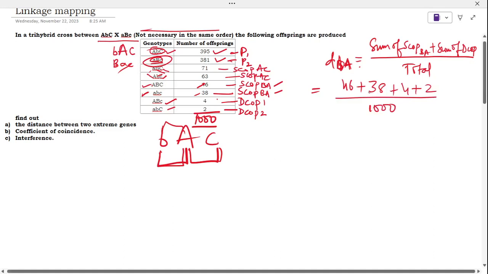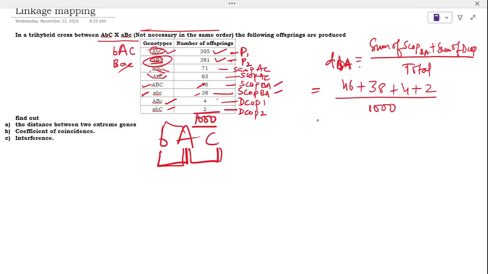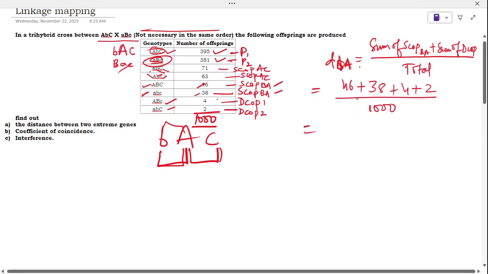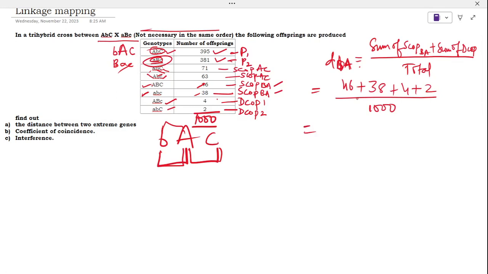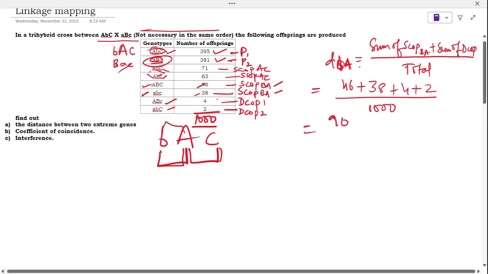46 plus 38 plus 4 plus 2. We're going to calculate the total individual cells: 46 plus 38 plus 4 plus 2 is 90. 90 divided by 1000, and you'll get 0.09, right? 0.09 is the distance between B and capital A. This is in Morgan, and this value is also important.